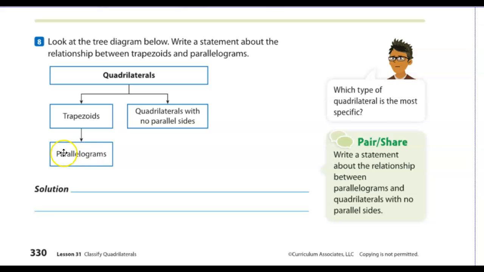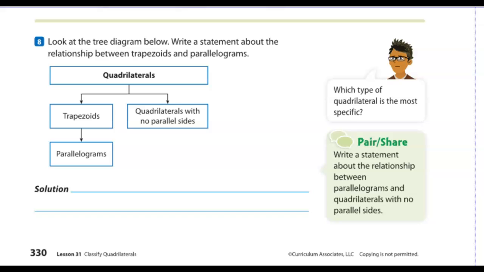All right, you might be able to say that all parallelograms are trapezoids because of the way that the tree diagram flows. All parallelograms are trapezoids. You could also say only some trapezoids are parallelograms if you want to think about it from a different viewpoint.